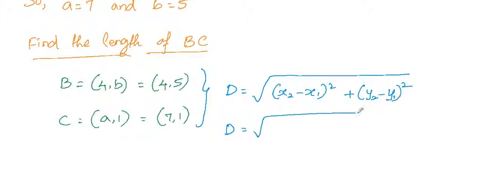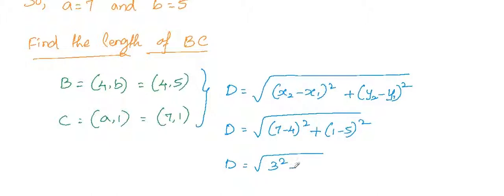If we substitute these values into the distance formula, we'll get (7 minus 4) whole square plus (1 minus 5) whole square. 7 minus 4 is 3, so 3 square plus (minus 4) square.